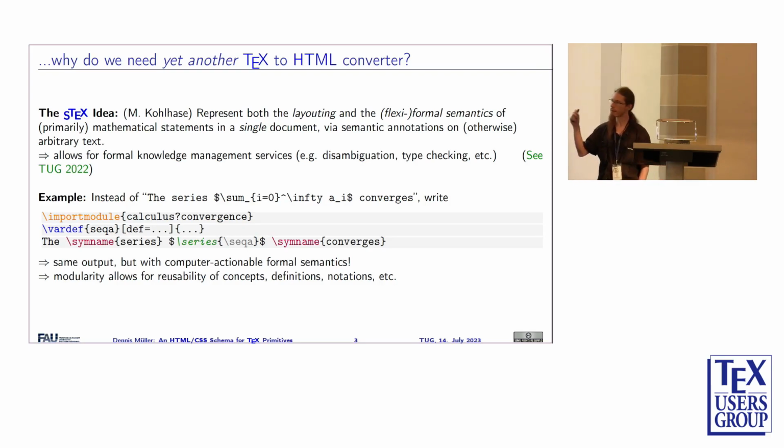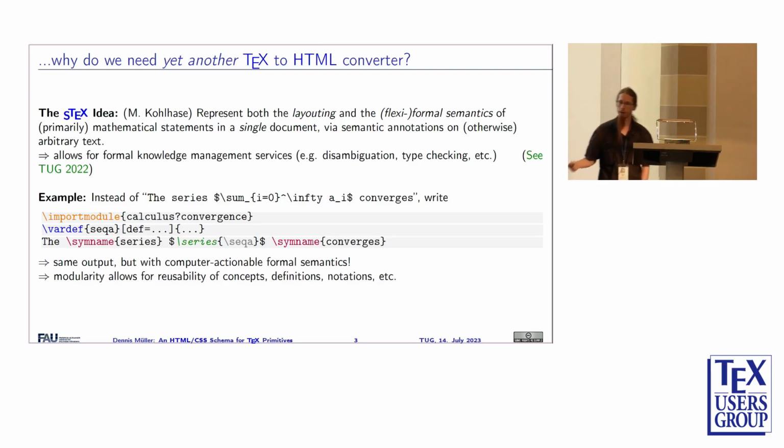And the idea is that we can represent both the layout of a document, primarily targeted at mathematical documents, and the flexiformal semantics of the various statements in that document in the same document format, i.e. in TeX.